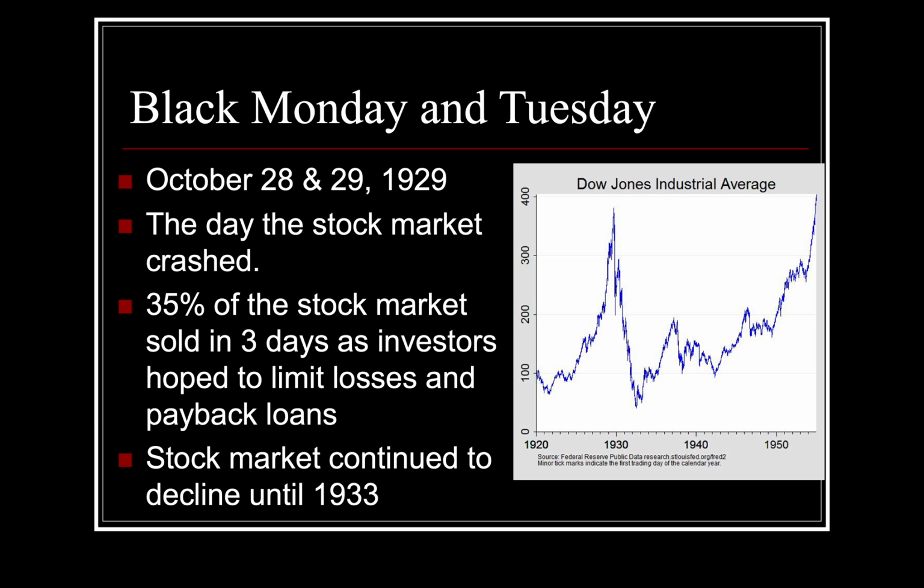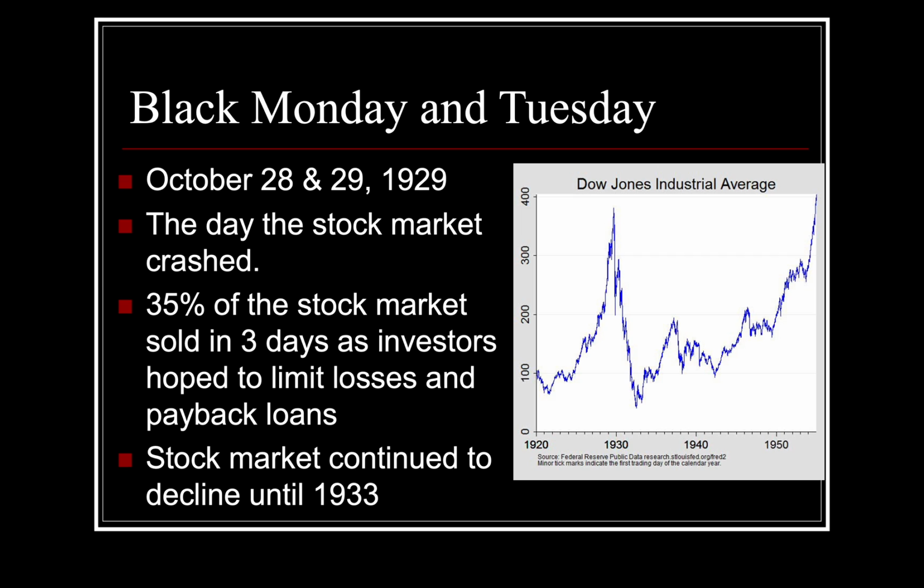Over the 3-day period from October 28th to October 30th, roughly 35% of the American stock market was sold as investors hoped to limit their losses and get enough money out of their stocks to pay back the loans that they had taken out through the process of speculating and buying on the margin.